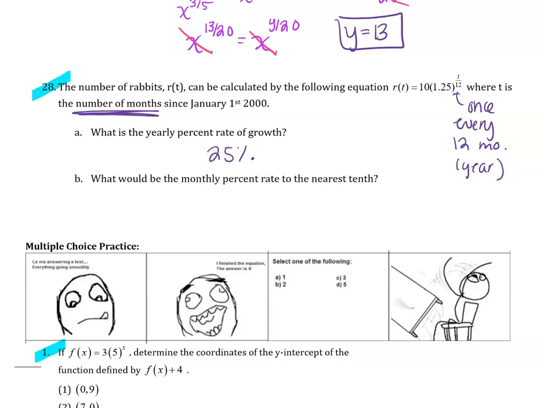Now when it wants monthly, keep in mind month represents t, and right now it's in the form of t over 12. So I'm going to rewrite the function, bringing in the 1/12 and keeping the 1t on the outside, because again, 1t represents 1 month.